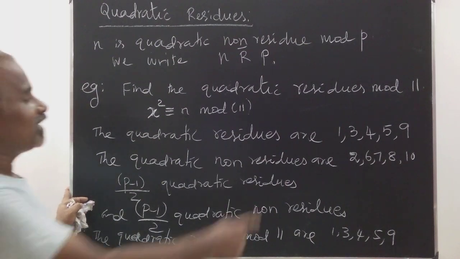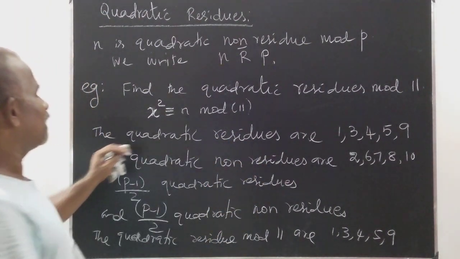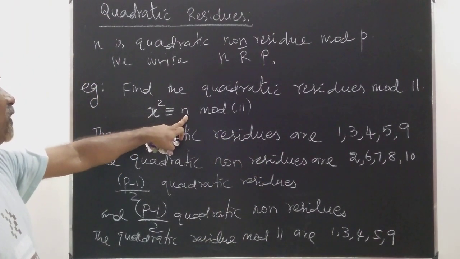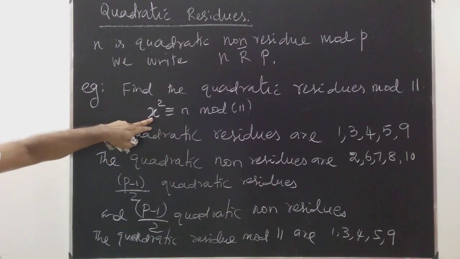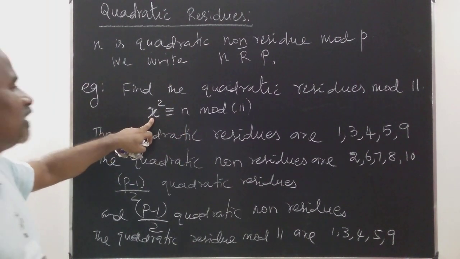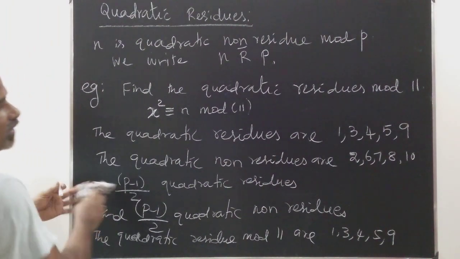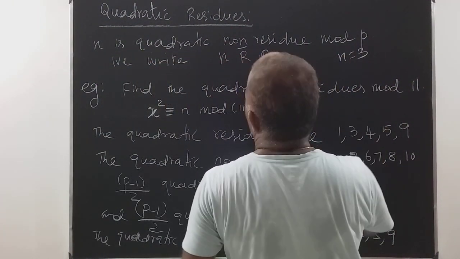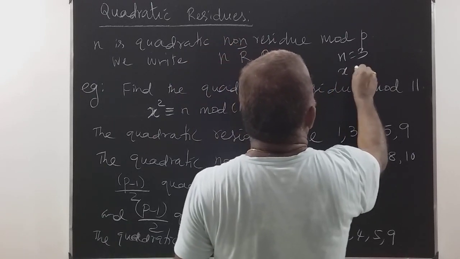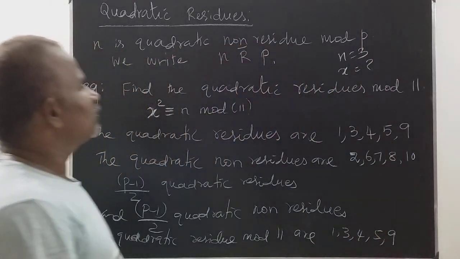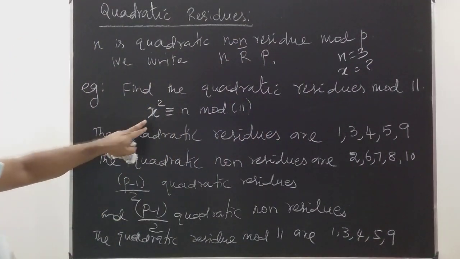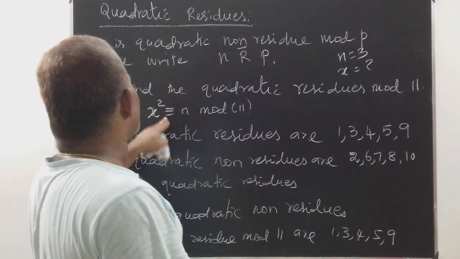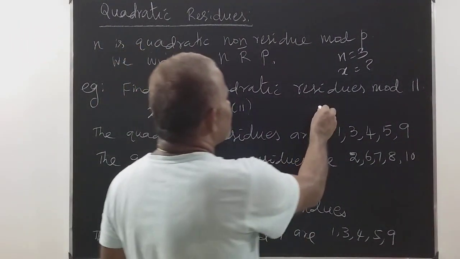Suppose n is equal to 3, what x can we find? Suppose 11 divides x square minus 3.